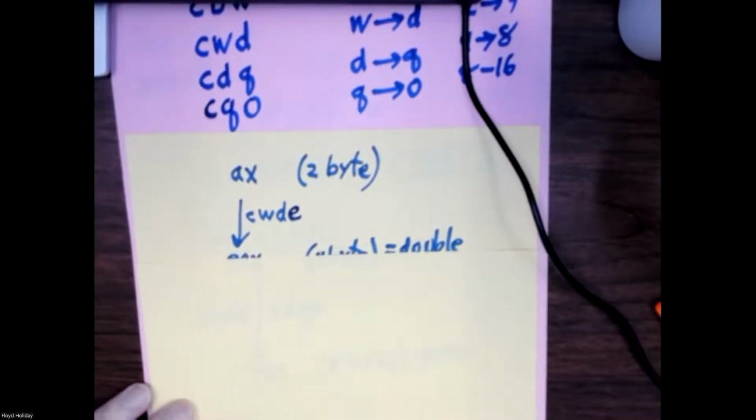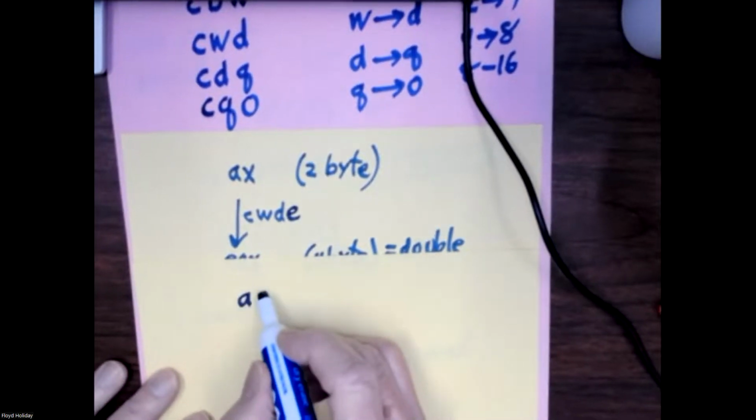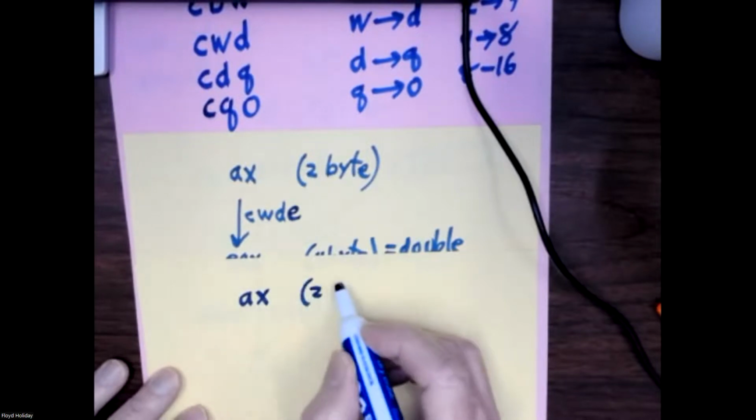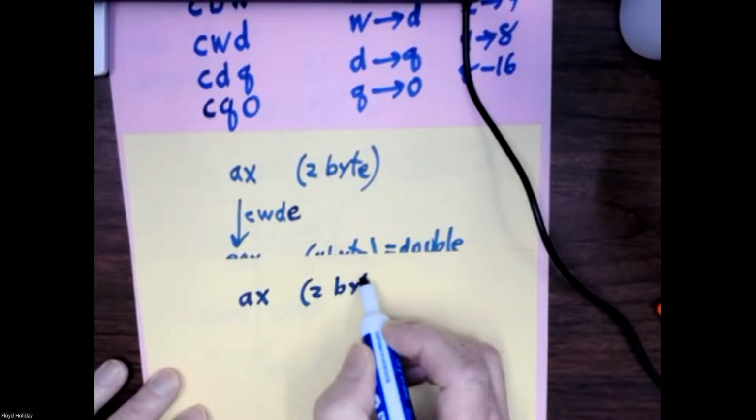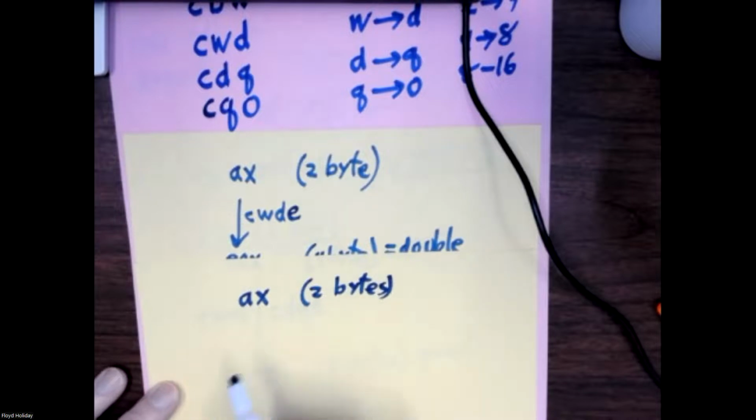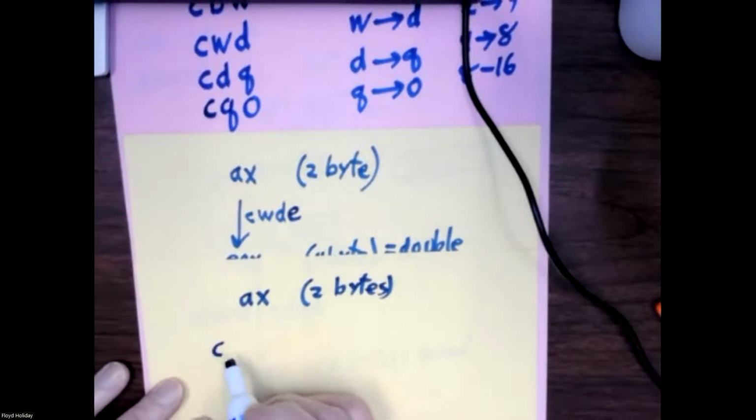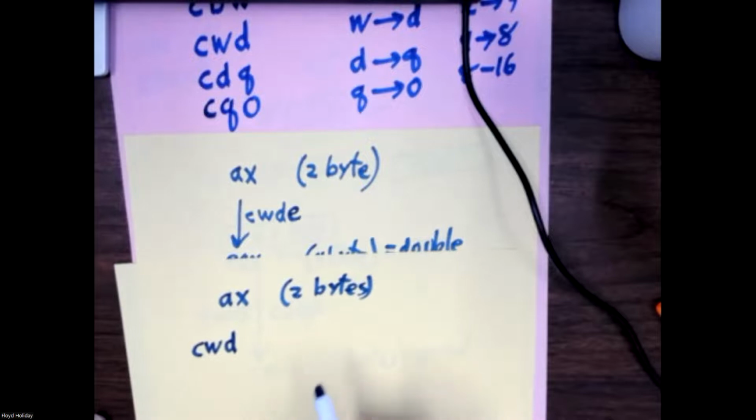Okay. Here we start with AX, 2 bytes. And in my source code, I simply put CWD, that's convert word to double. What it does is it takes DX, part of RDX.